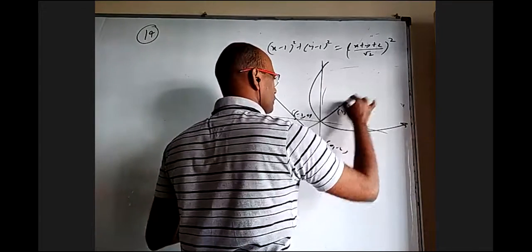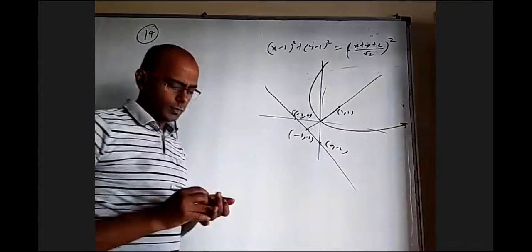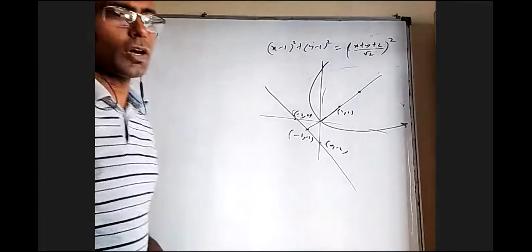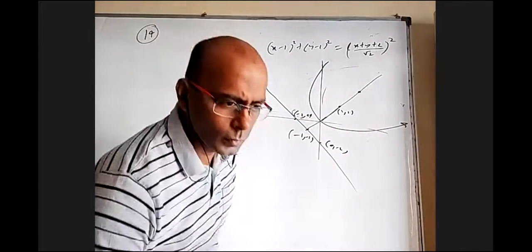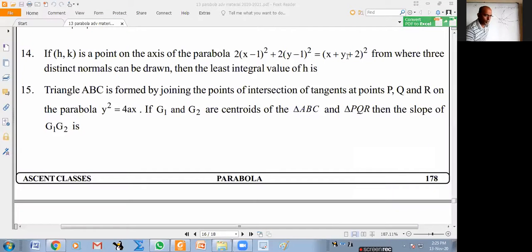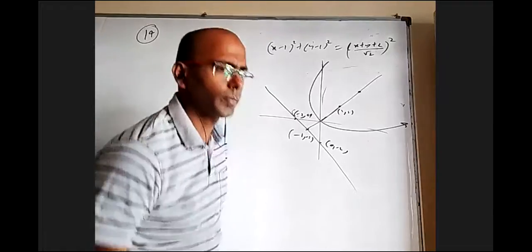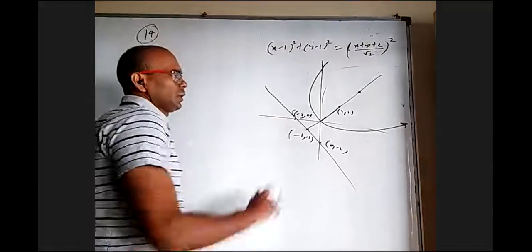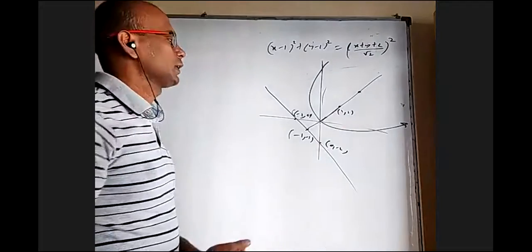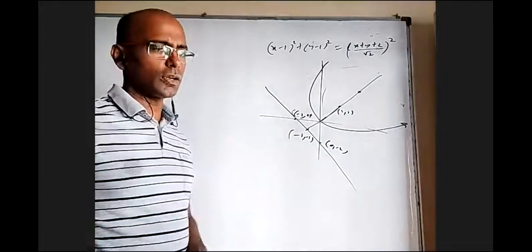Okay. Now they are asking, on the axis, they are looking for a point from which three normals can be drawn. h comma k is a point from where three normals can be drawn, the least integral value of h. So we know on the axis, only when you cross 2a length can we draw three normals to the parabola.